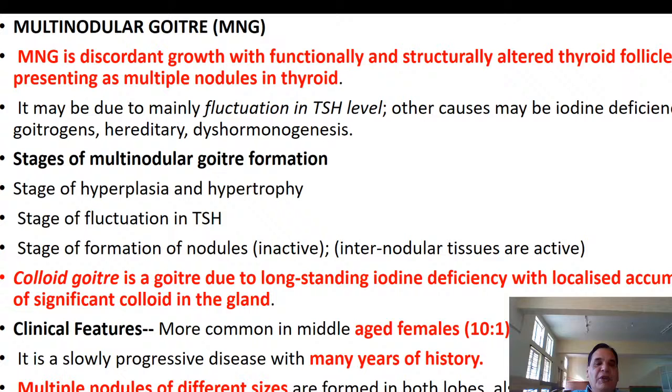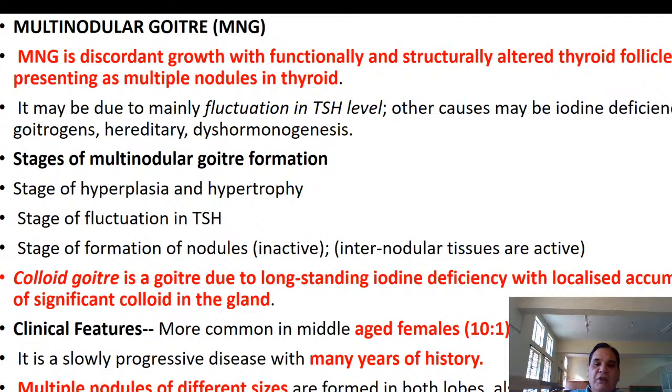So what is this MNG? By definition, MNG is a discordant growth with functionally and structurally altered thyroid follicles. Okay, this is alteration in the thyroid follicle presenting as a multiple nodular thyroid. The cause is fluctuation in TSH levels. This is the most important cause.